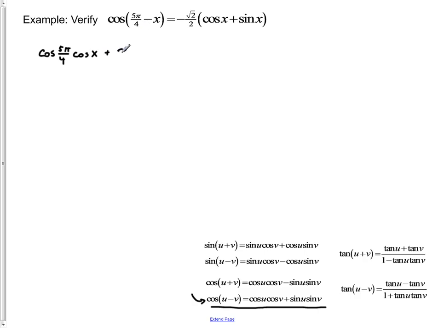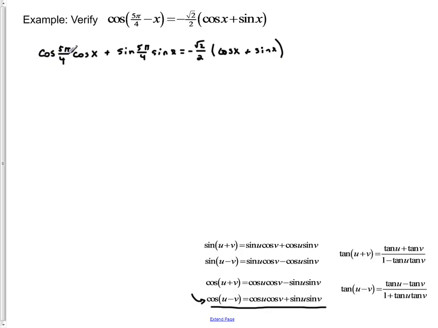We've got the sine of 5 pi over 4 times the sine of x. And again, we're trying to verify that this will be equal to the negative of the square root of 2 over 2 times our sum of cosine of x and sine of x.